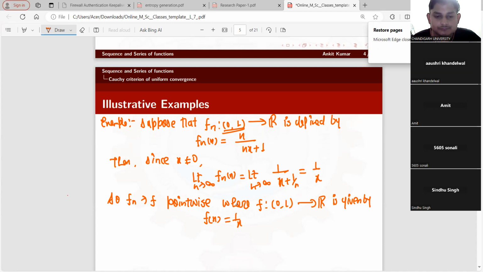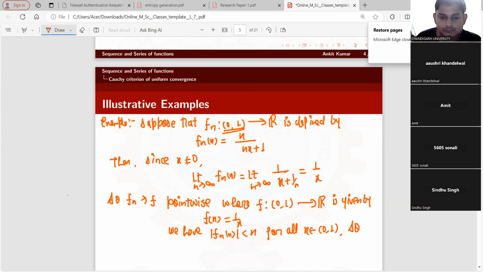So we have mod of fn(x) is less than n, because this is a bounded function for all x belongs to (0, 1].